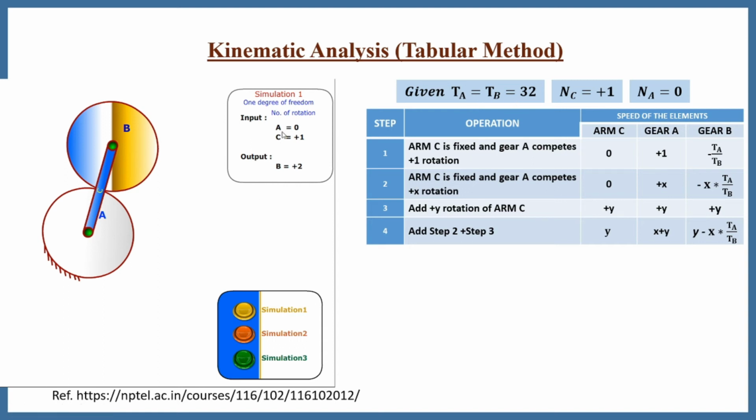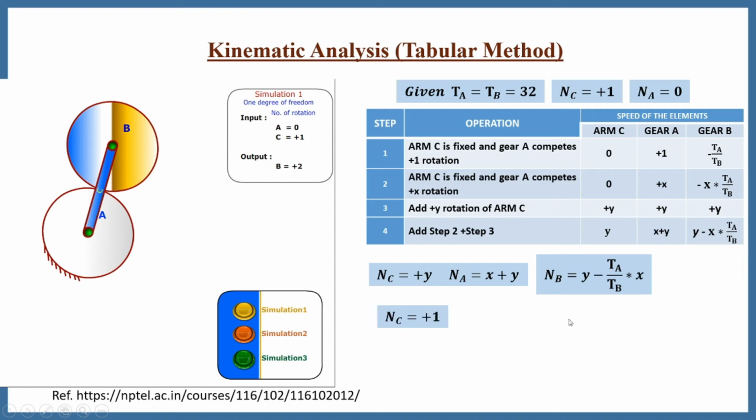That's why we are considering the same number of teeth. Now we know by using this table that NC is equal to y, but NC is equal to 1. Again, NA is equal to x plus y and NB is equal to y minus x Ta upon Tb. But NC is equal to plus 1. That means NC is equal to y is equal to 1 if you consider these two equations.